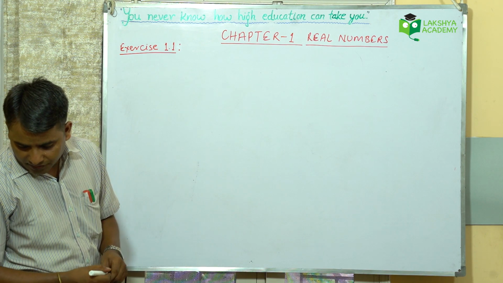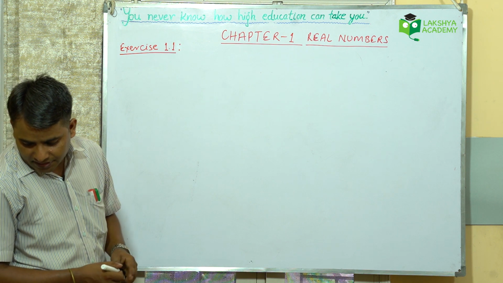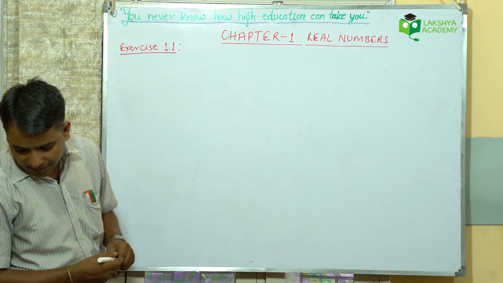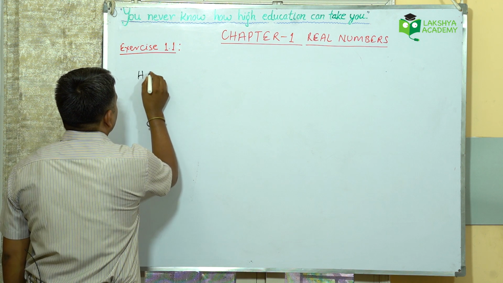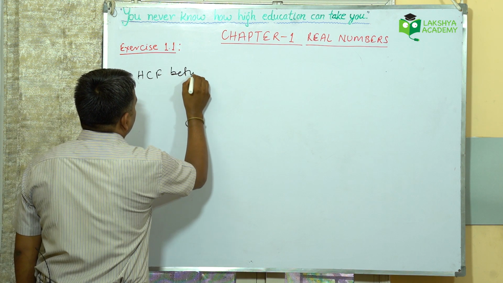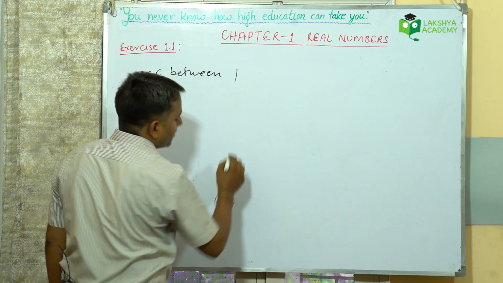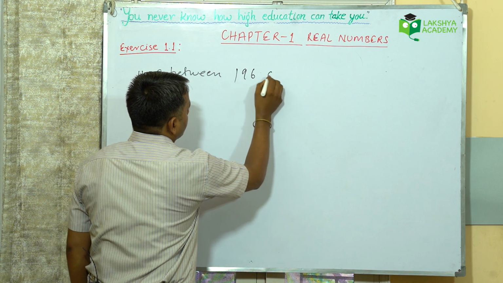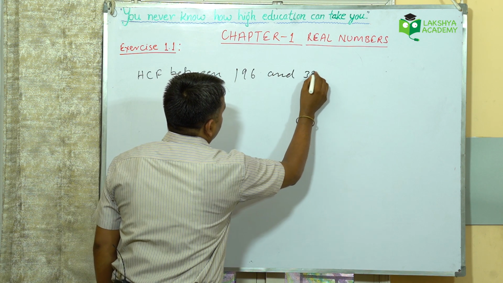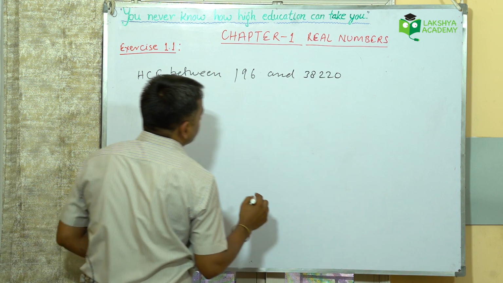Now coming to the second question, to find the HCF between 196 and 38,220. Find the HCF between 196 and 38,220.